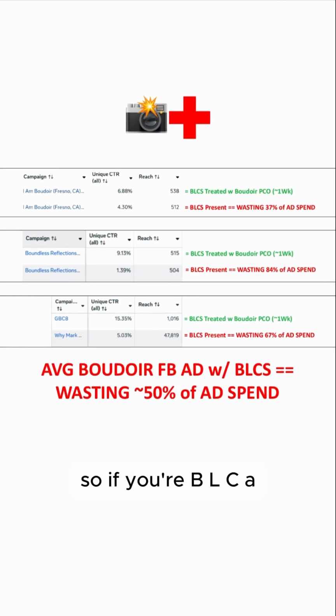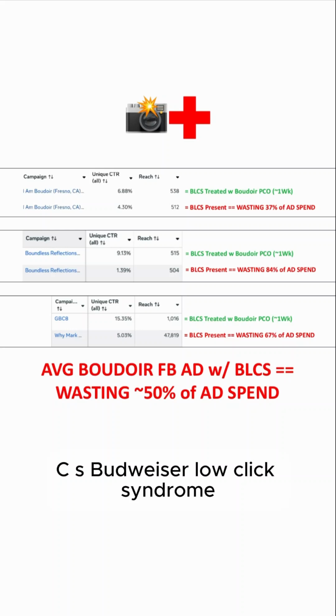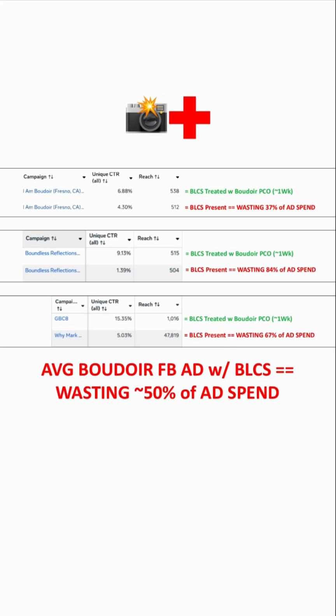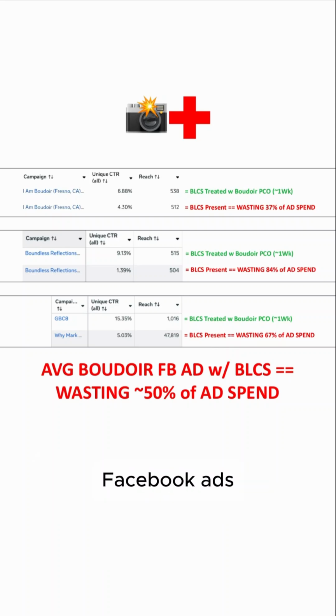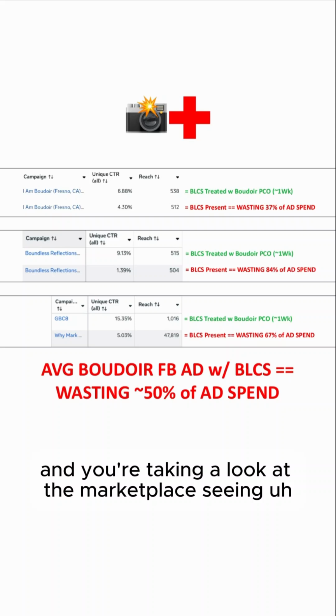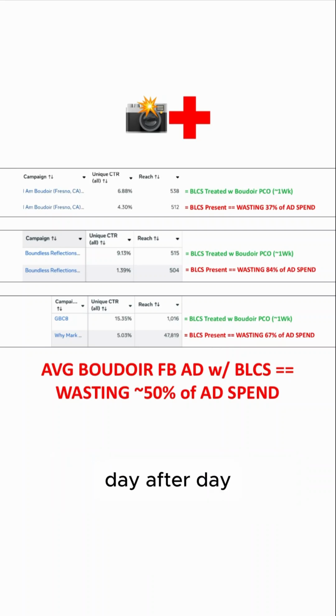So if you're a BLCA, a boudoir low click advertiser with BLCS, boudoir low click syndrome, your boudoir Facebook ads have a unique CTR under 6%, and you're spending more than 10 grand a month on boudoir Facebook ads, and you're taking a look at the marketplace, seeing it's become more and more saturated with more and more boudoir photographers day after day.